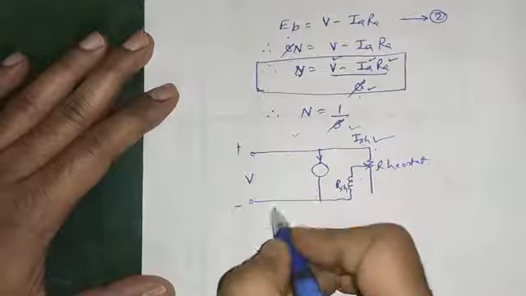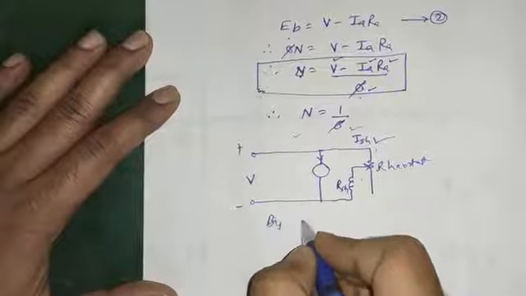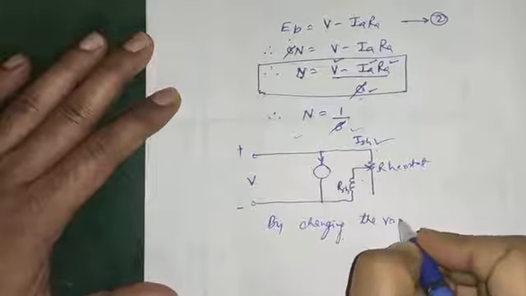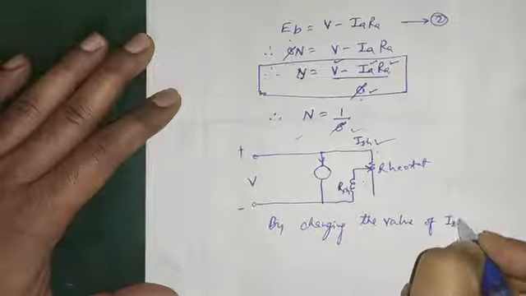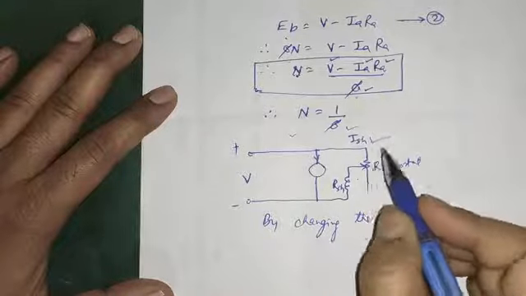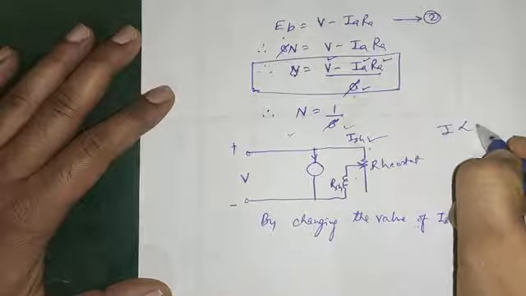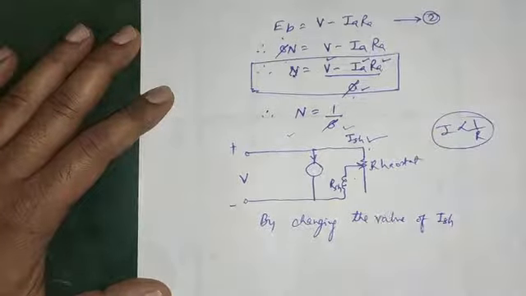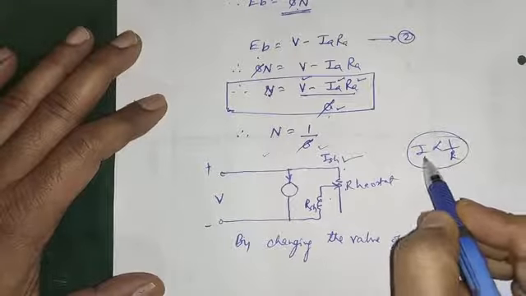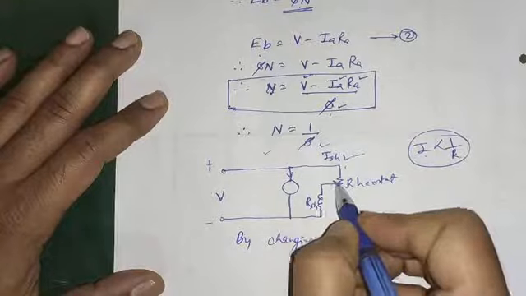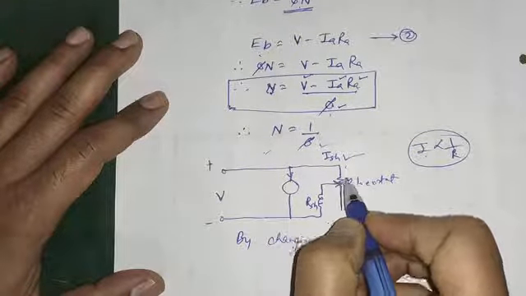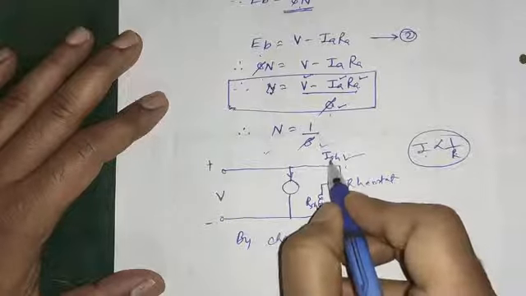Now how can we change the value of ISH? By Ohm's law, current is inversely proportional to resistance. When you decrease the resistance, the current will increase.